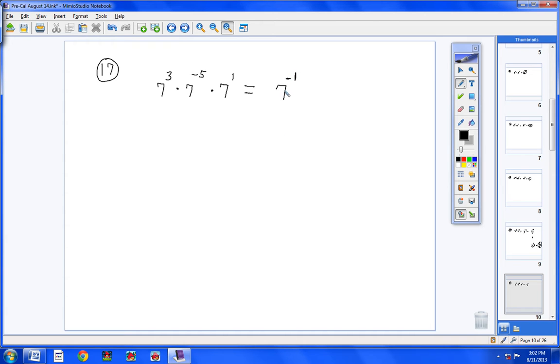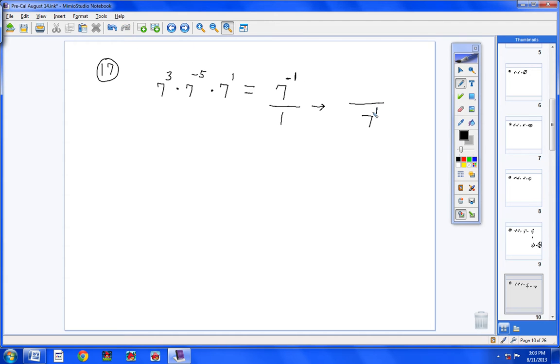Now you think you're finished, but hold it, we have a negative exponent. And you never want a negative exponent in your final answer. So remember what to do. We put this whole thing over 1, all right? And then we bring this 7 down to the bottom. Now when we do, the 7 doesn't change. The negative 1 is what changes. Okay, don't forget that. The 7 stays the same.